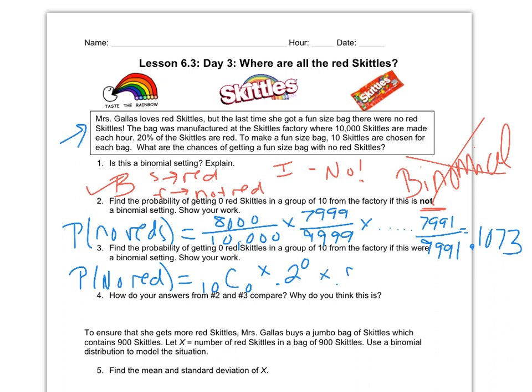My probability of failure is 0.8, and 10 minus 0 is 10, so to the 10th power, which gives me about the same answer. Hopefully you'll think that's interesting, so that you can see that even if it doesn't 100% fit our binomial conditions, we may still be able to use our binomial formula to calculate the probability.